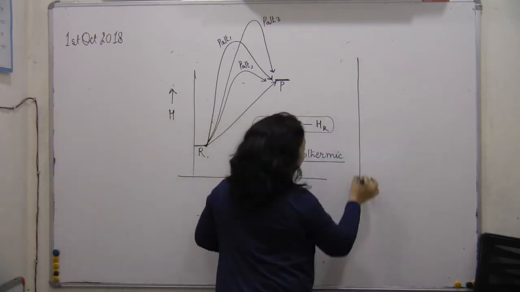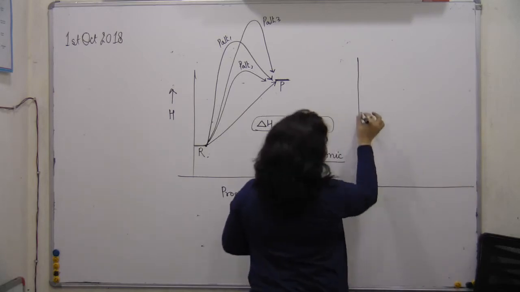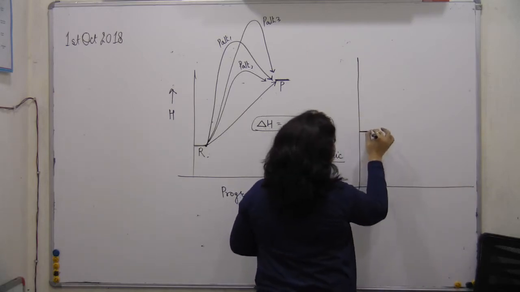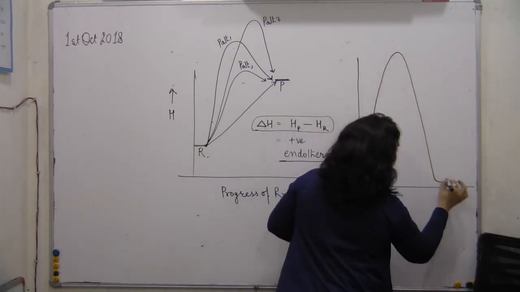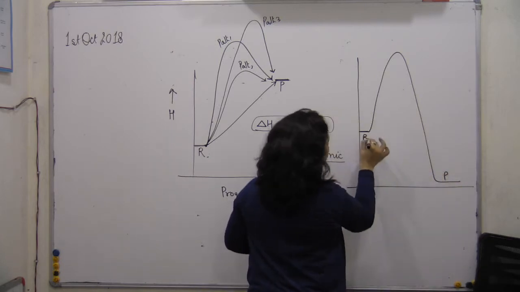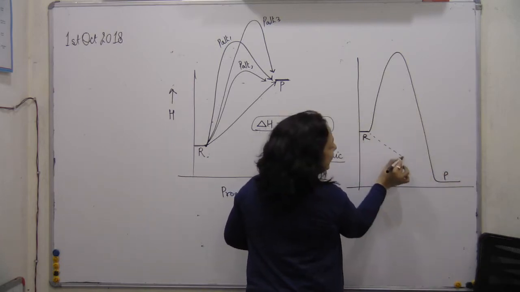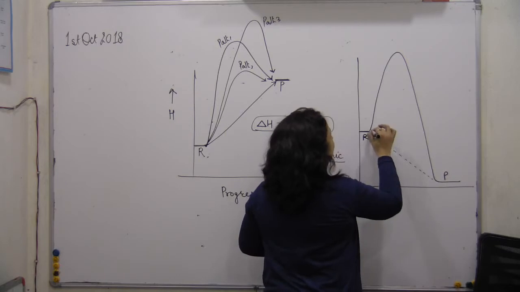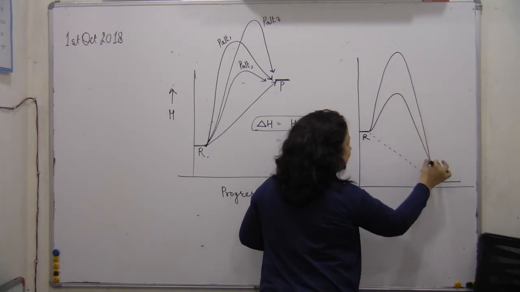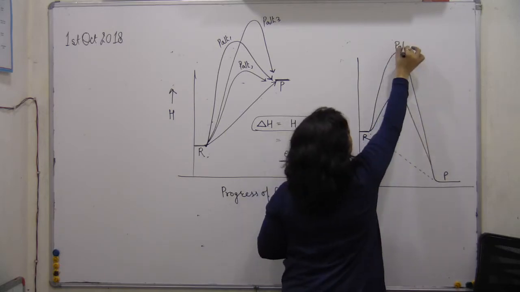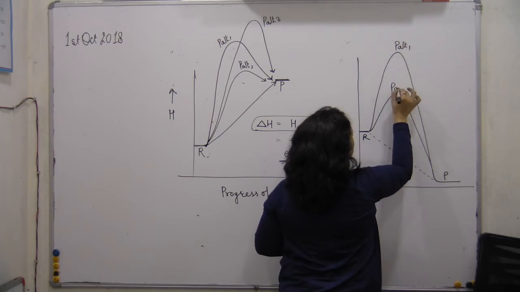If I make another graph, and in this graph now I have reactant and here is the product. This is the enthalpy change. This is another path. Path 1, path 2.